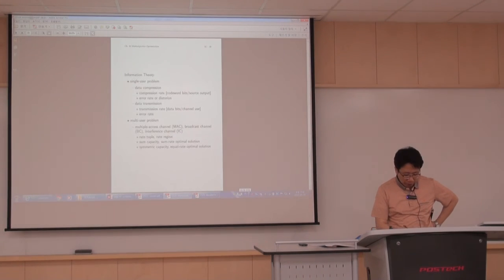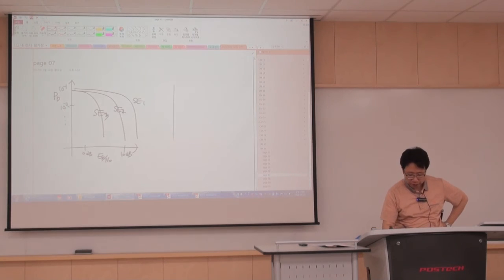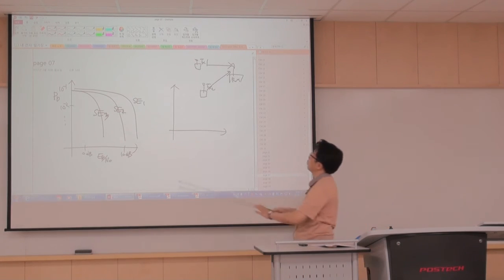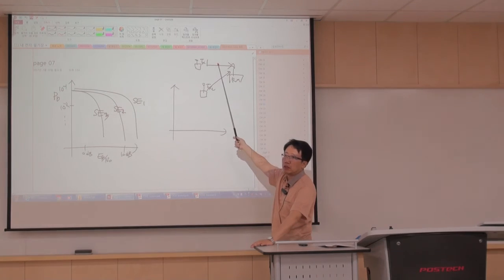Okay, something like that. So actually, everywhere you have multi-objective optimization problems. In multi-user problems, this is more vivid. For example, you have two users. Okay, so transmitter 1 and transmitter 2 compete with each other over the wireless channel. So they want to occupy more resource.